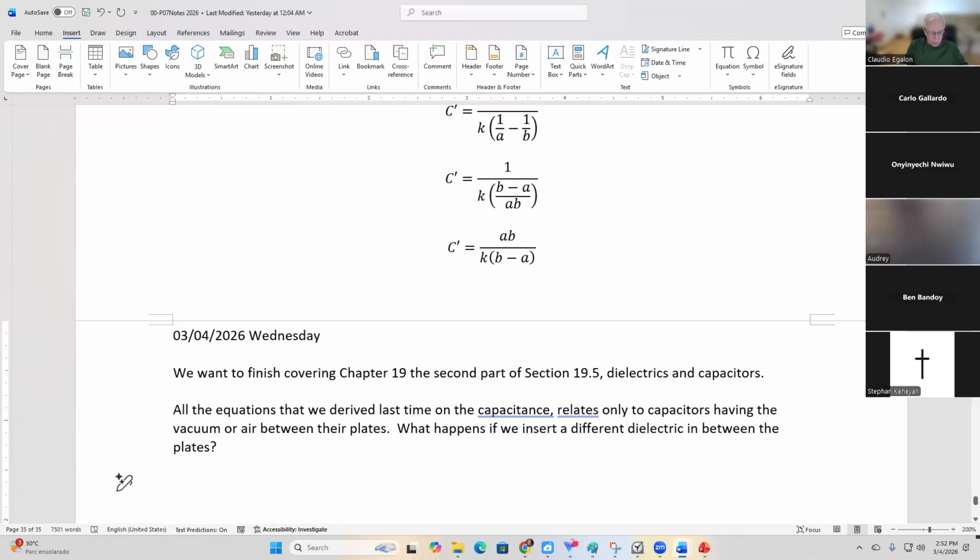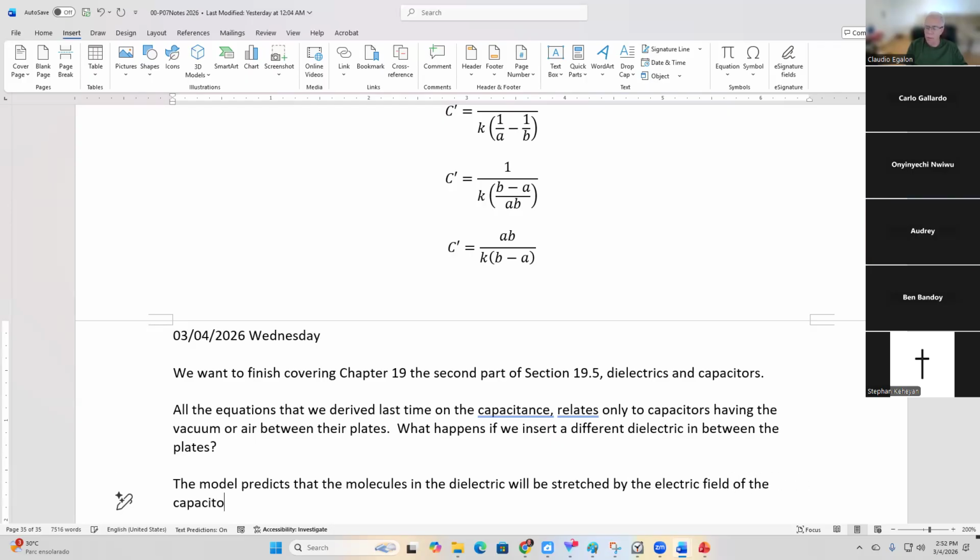Okay, so the model predicts that the molecules in the dielectric will be stretched by the electric field of the capacitor.